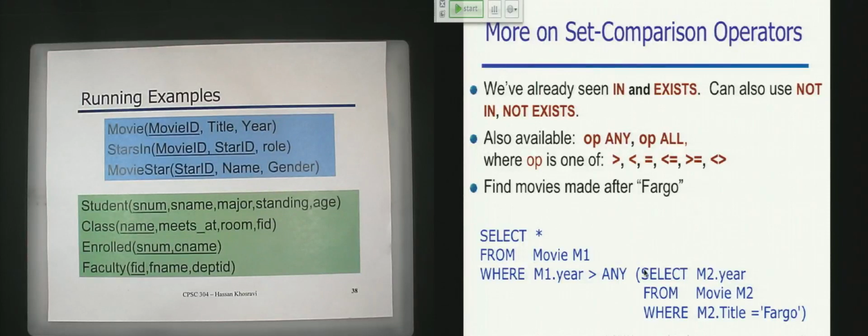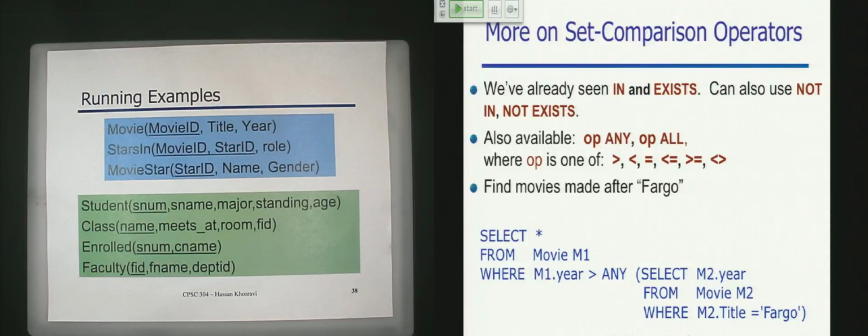If you have multiple values being returned by your inner query, if you use the ANY operator, it's going to work as long as the value that you have outside is bigger than any of the ones inside. And if you use the ALL operator, that means you're looking for movies that were done after all possible different movies that were named Fargo. So let's say there were two movies called Fargo, one in 1970 and one in 1990.